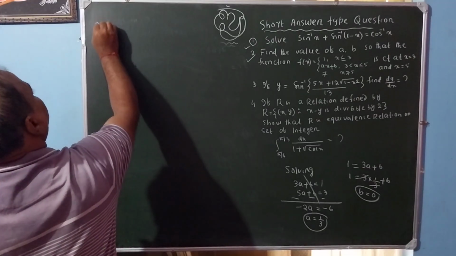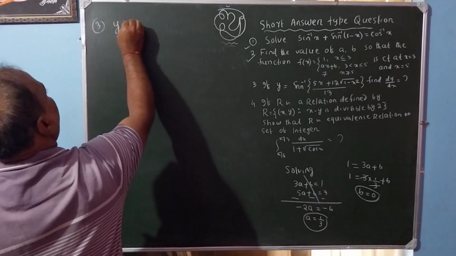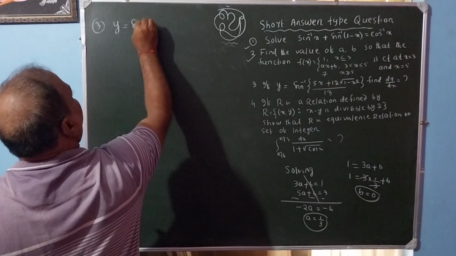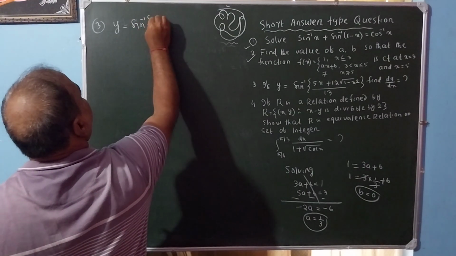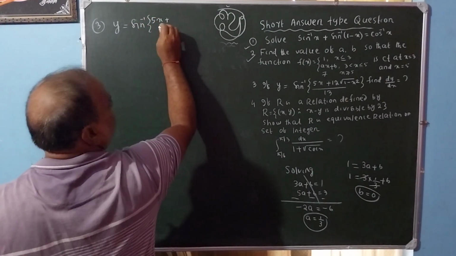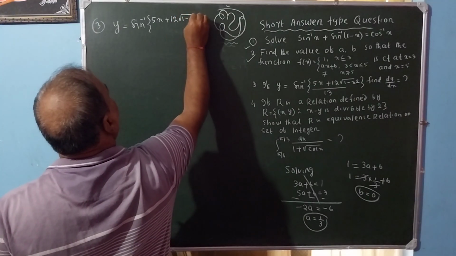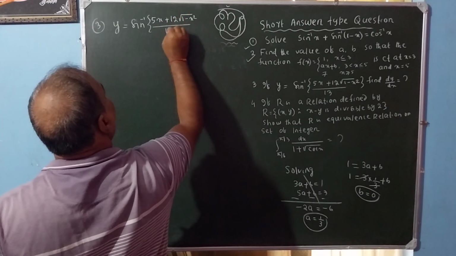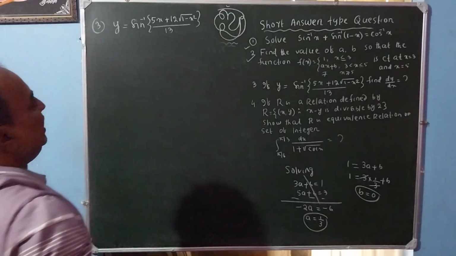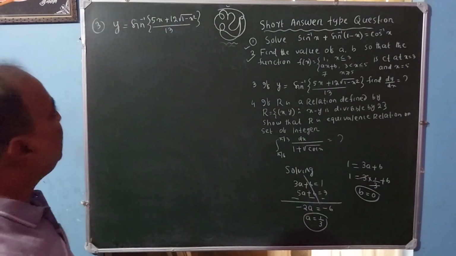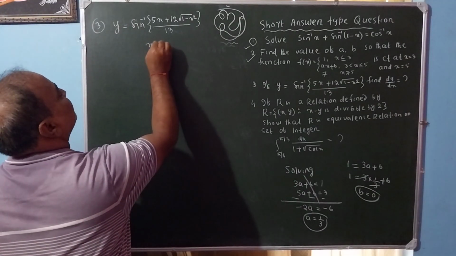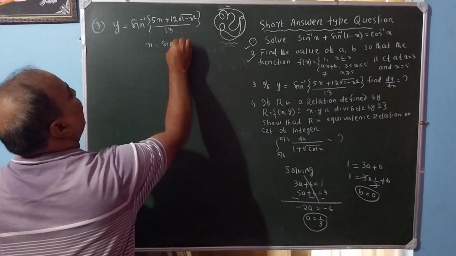Question number 3. y is equal to sine inverse of (5x plus 12 square root of 1 minus x square) divided by 13. First of all, we have to put x is equal to sine theta.